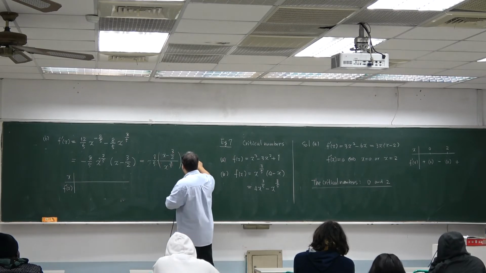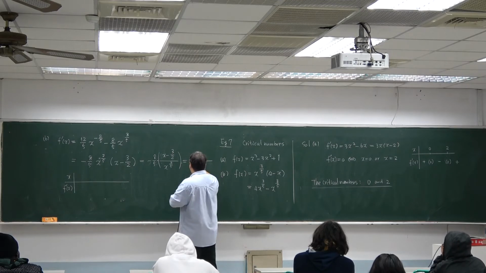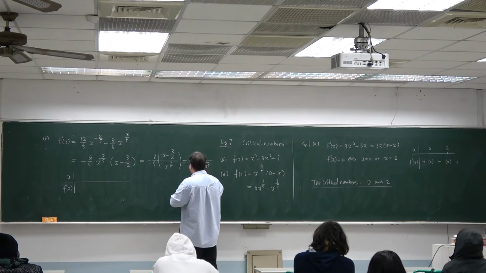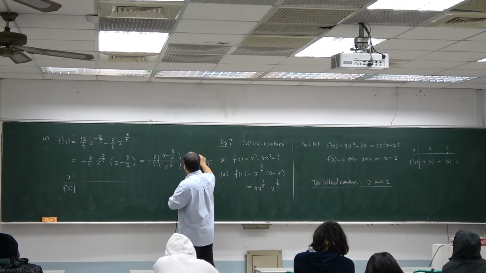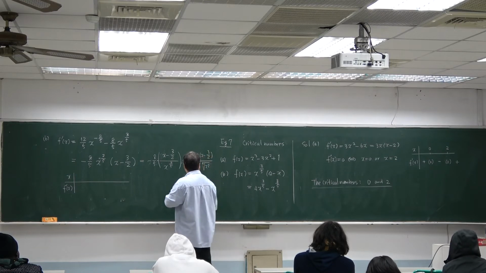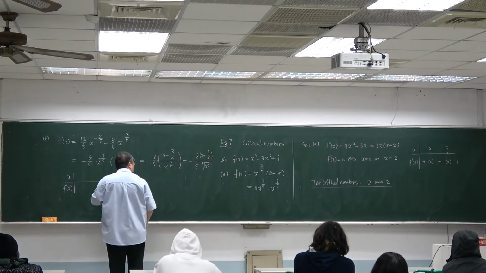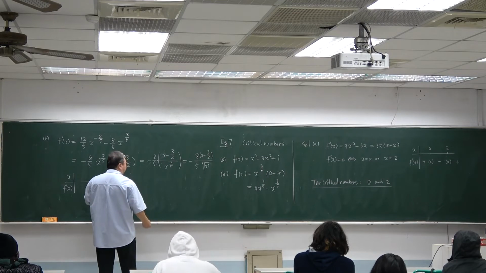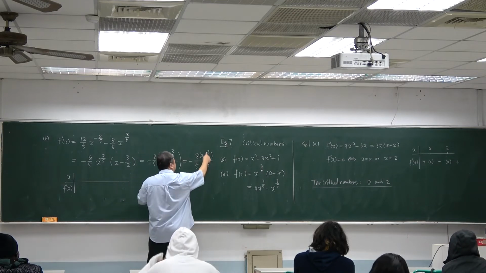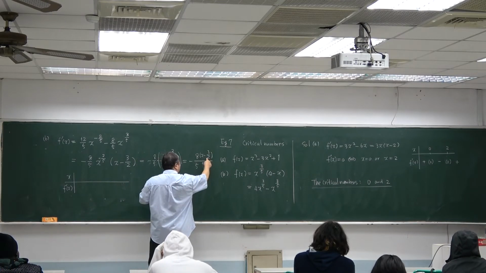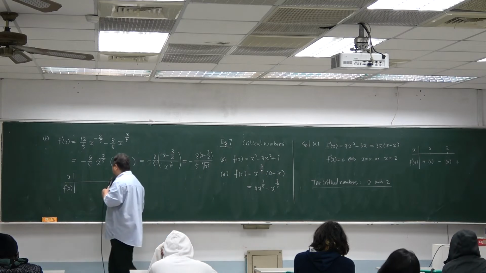Okay, so the critical numbers will be 3/2 and 0.